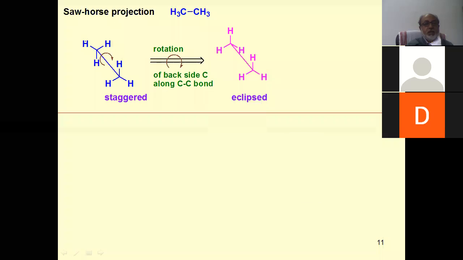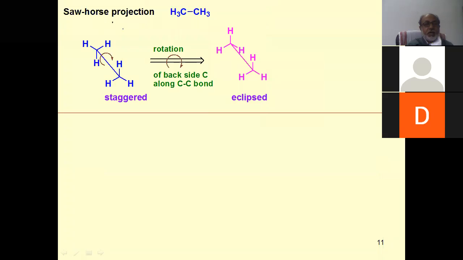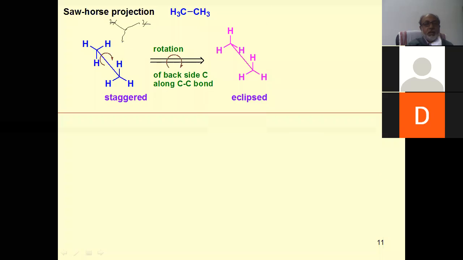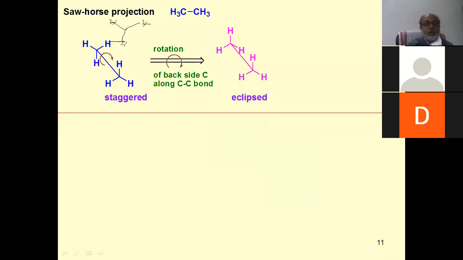One of the CH3 groups is shown by 3 lines like a Y. And the other one is also shown by a Y, but this Y is an inverted Y. We can show it either inverted or this.